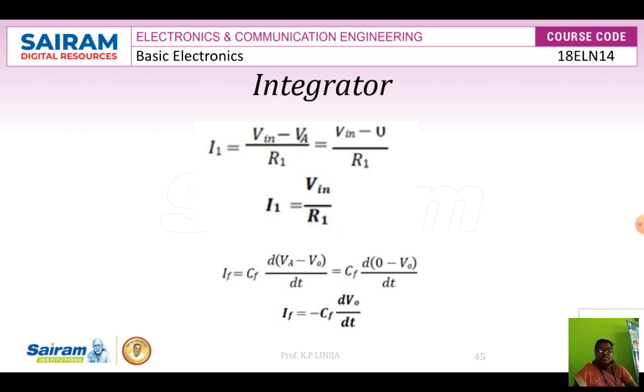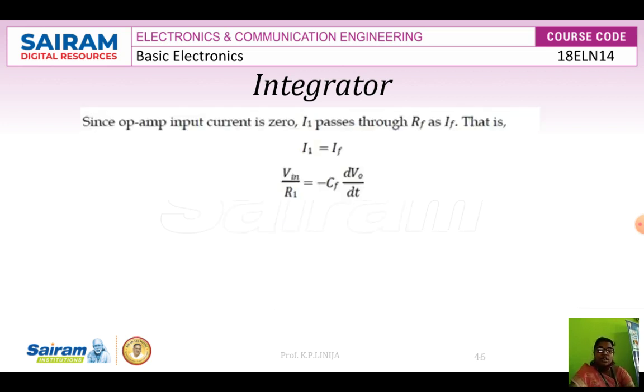And we know that VA is equal to 0 as per the virtual ground concept. Therefore, CF into d of (0 minus V0) divided by dt. Therefore, IF is equal to minus CF into dV0 by dt.